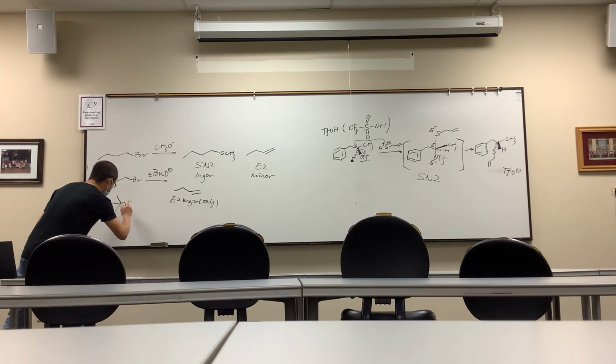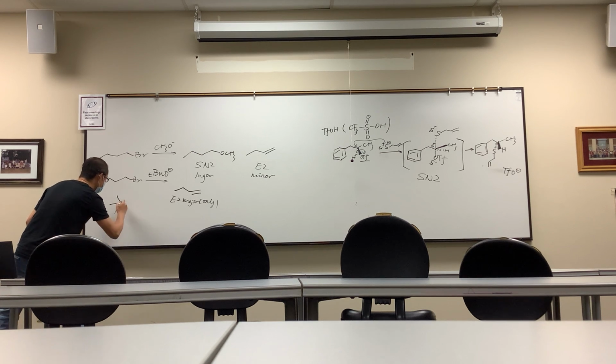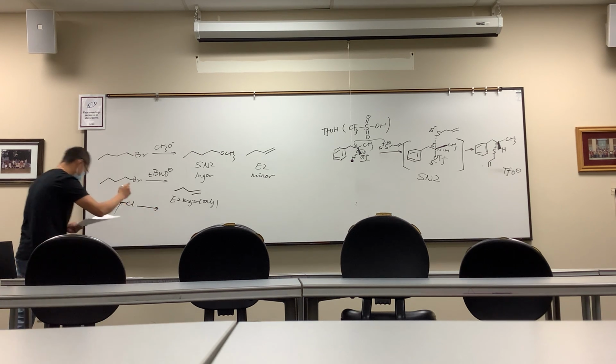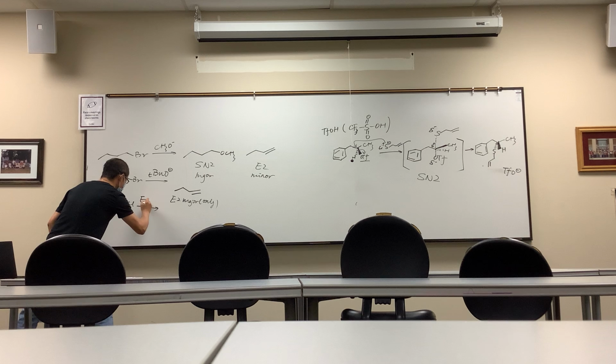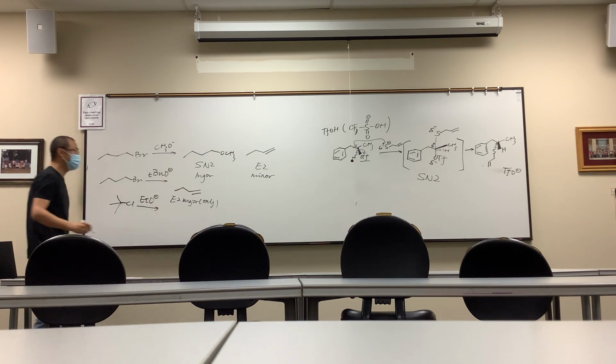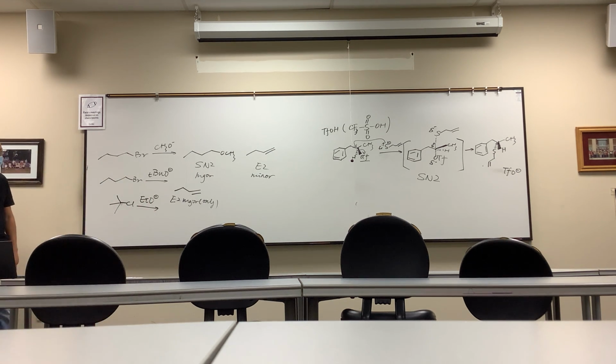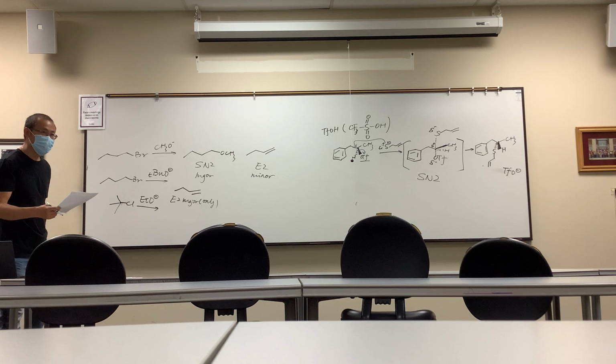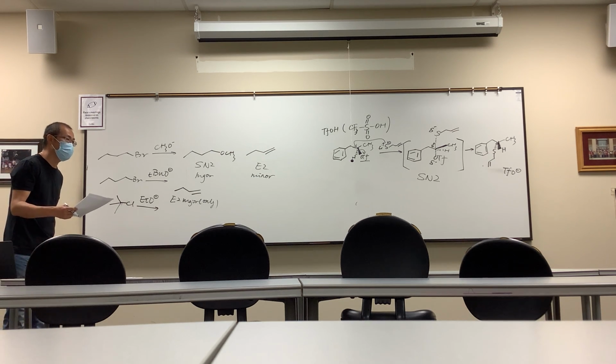I have a tertiary substrate, very good. Tertiary and a strong base, strong nucleophile, right? Ethoxide means an ethyl group with an oxygen. It is a strong base and strong nucleophile. If I have a strong base, what reaction is promoted?